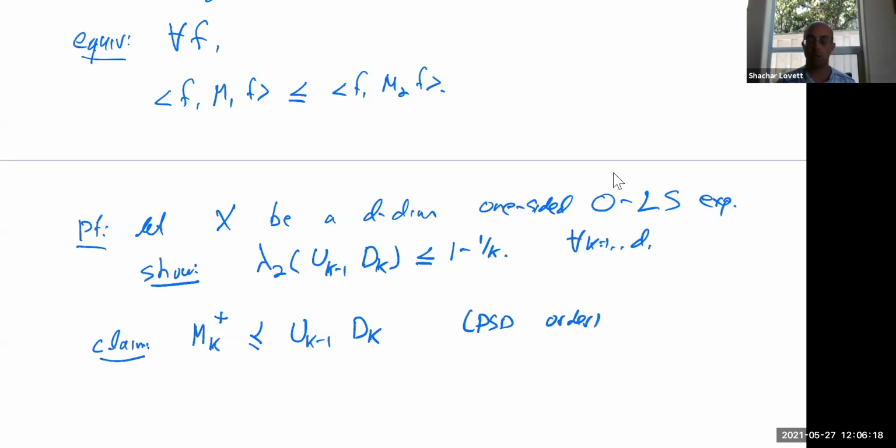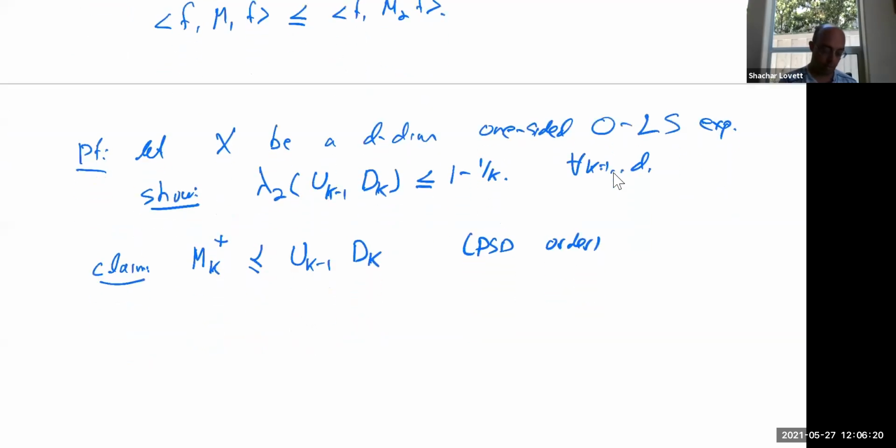Okay. So again, let's remind ourselves, this is going to be the non-lazy upper walk. This is going to be the lower walk, both acting on level k.